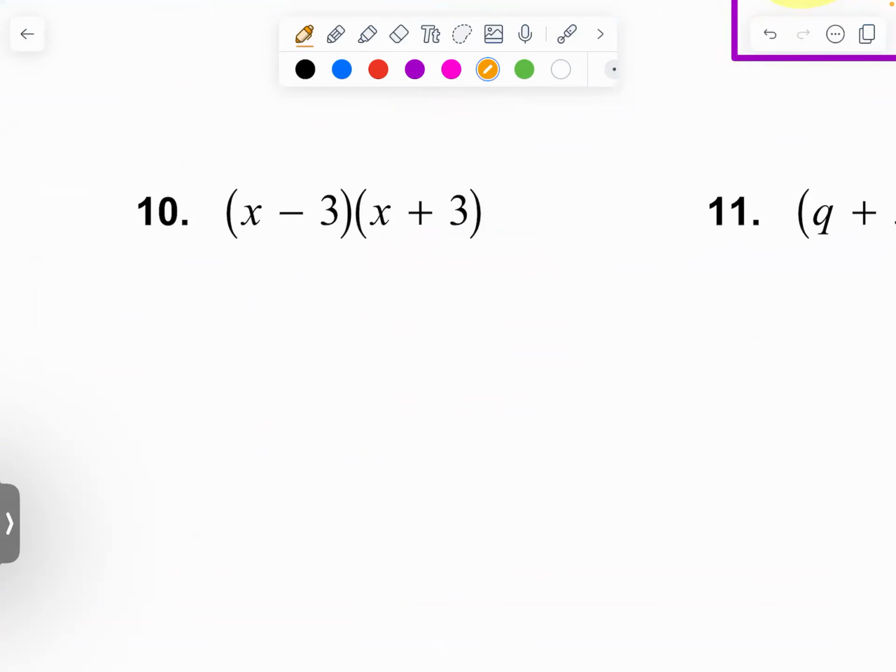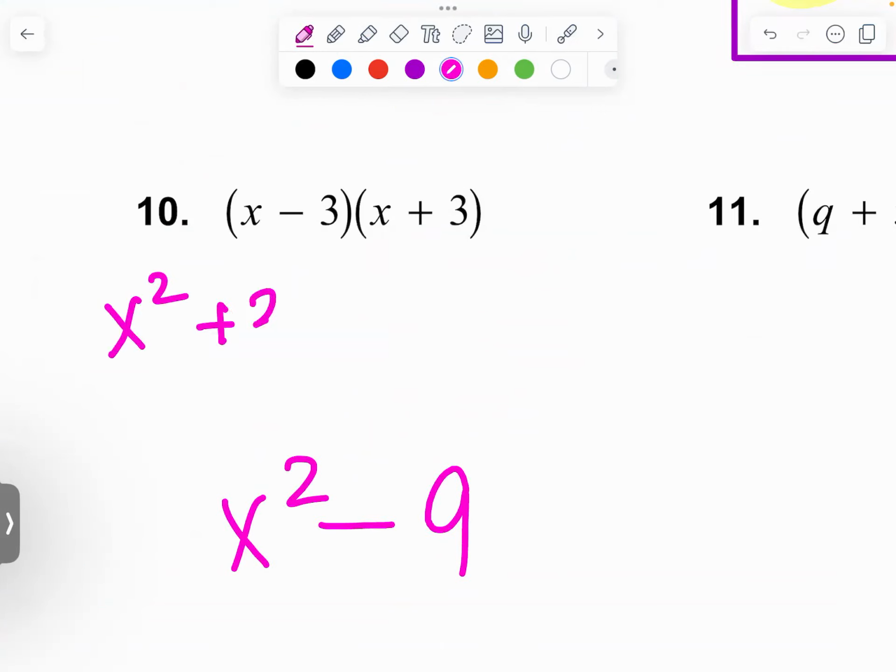I'll tell you right now, I know that this is going to be x squared minus 9, because we have that a minus b, a plus b pattern. So when we FOIL this out, x times x, x times 3, negative 3 times x, and negative 3 times 3, we get x squared plus 3x minus 3x minus 9.